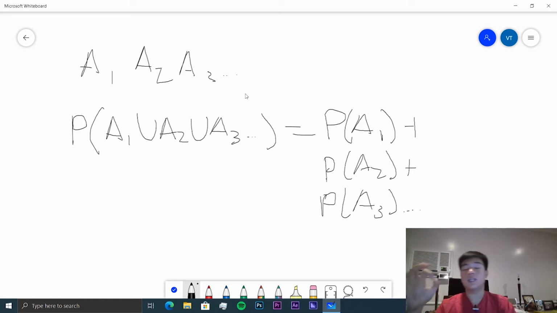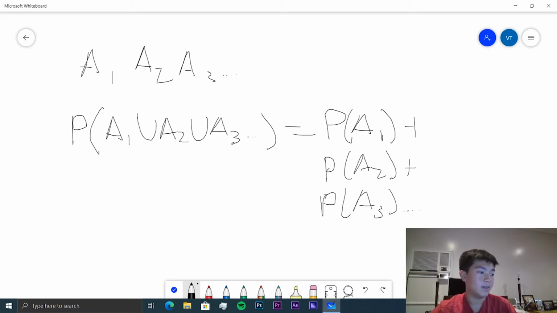So if the intersection between all these events is equal to 0, then we can get the probability of their union by simply adding up the probabilities of each event. So these things we've covered are the basis for the axiomatic probability function.